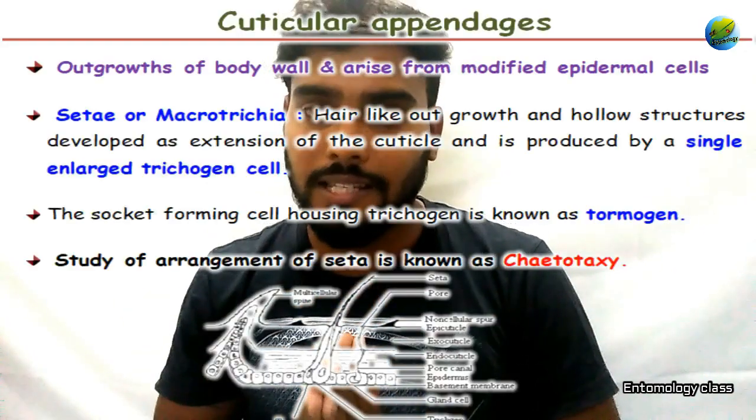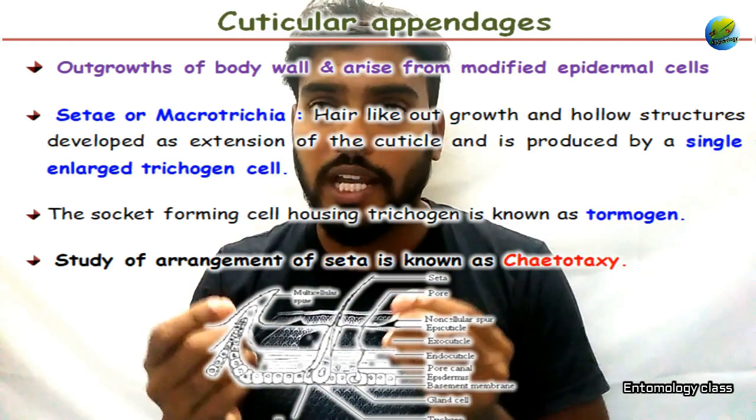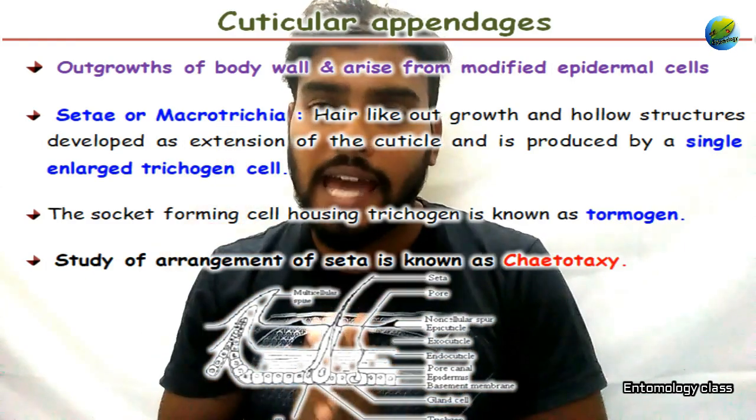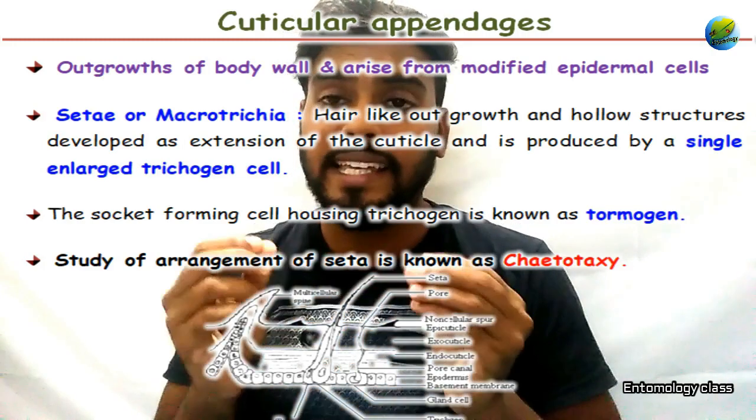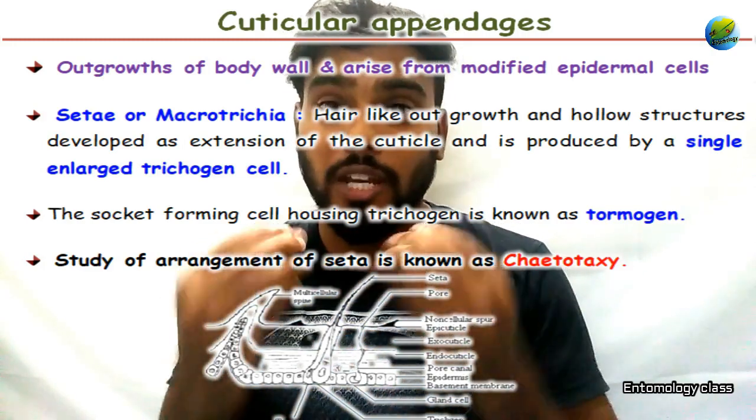And there are also the cuticular appendages, the outgrowths of the body wall, arising from the epidermal cells of the insect's integument. For example, setae. Setae are otherwise called macrotrichia. They are the large size hairs arising from the epidermis, which are produced by the single enlarged cell, the trichogen.